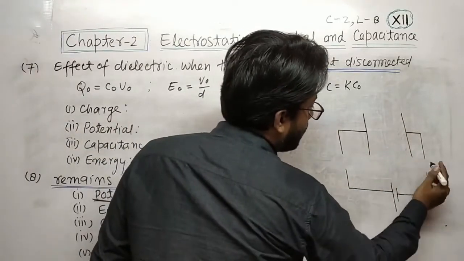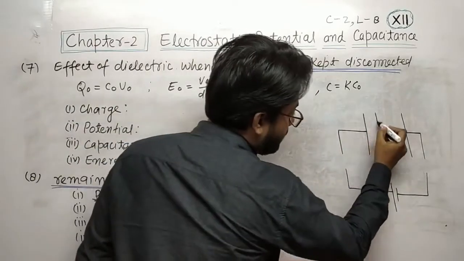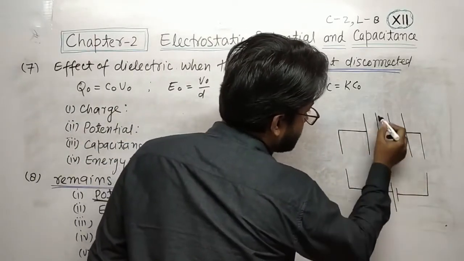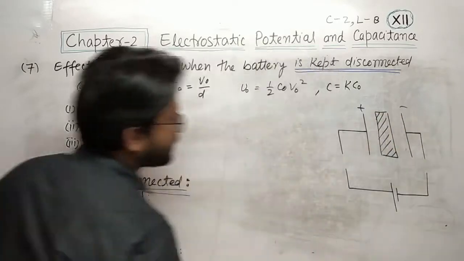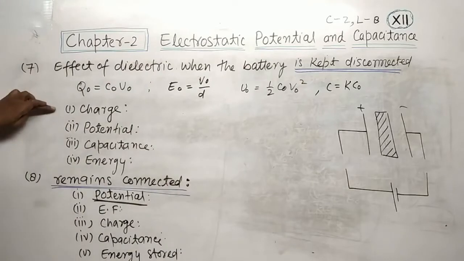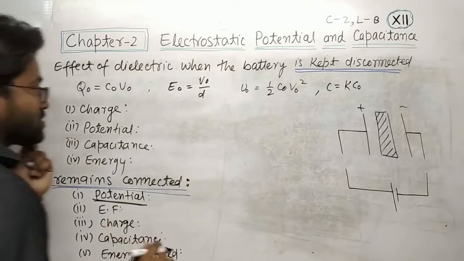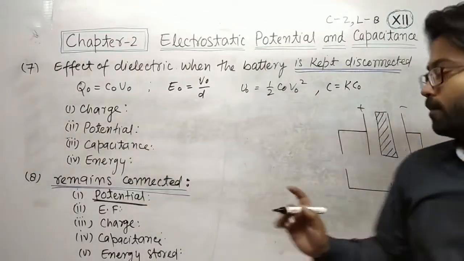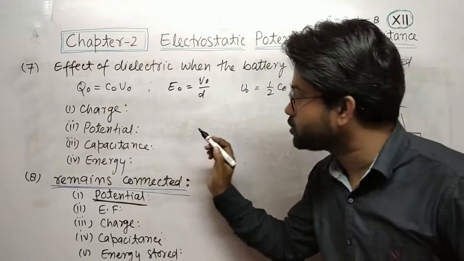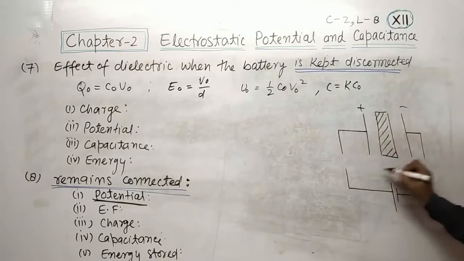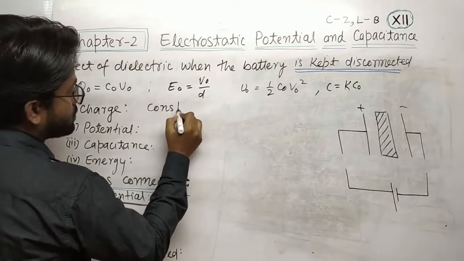What will happen when the dielectric slab is inserted between the plates of the capacitor? First point is charge. What will happen with the charge? Charge will remain constant because there is no path for the charge to flow from the battery to the capacitor. That means charge will remain constant.